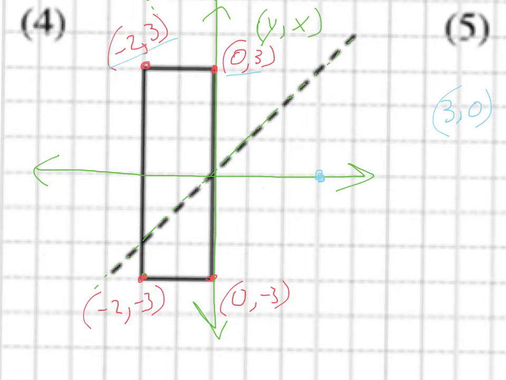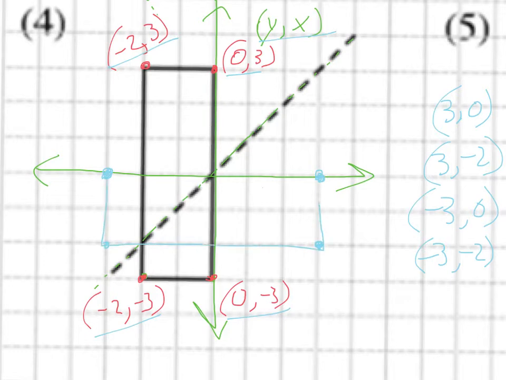Negative 2, 3 is going to become 3, negative 2, and again, I'm just changing these based off my rule. 0, negative 3 is going to become negative 3, 0. And negative 2, negative 3 is going to become negative 3, negative 2. If I draw that line and connect the dots, there we have the reflection across that line, y equals x.